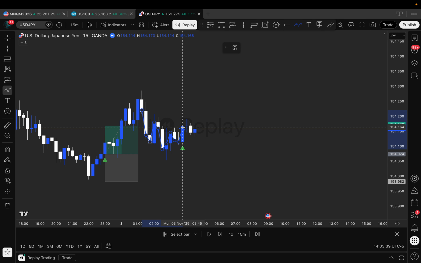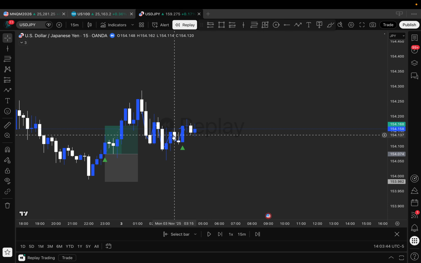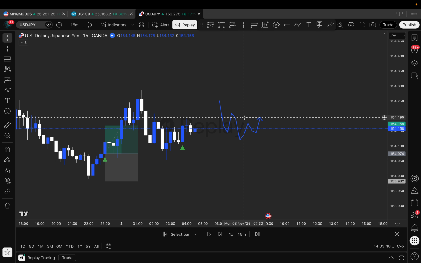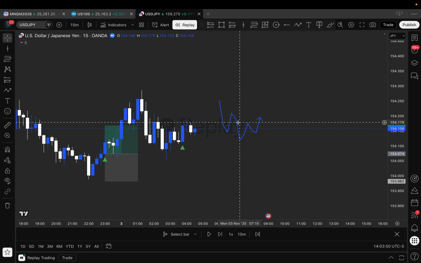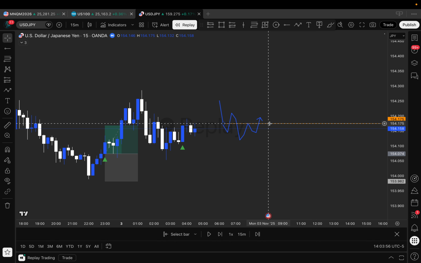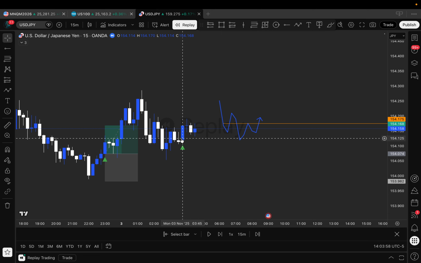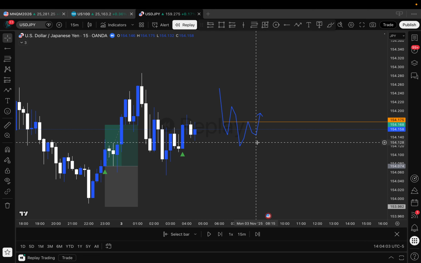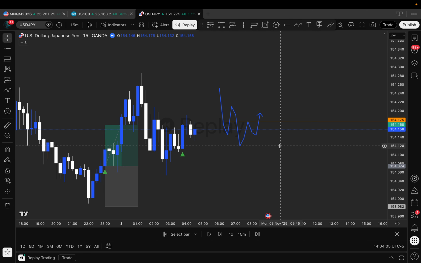Okay, but if you just see how this is and drag this thing sideways, you see this breaks the swing and forms a bearish candle here. So this thing, if you know structures, is a double bottom.